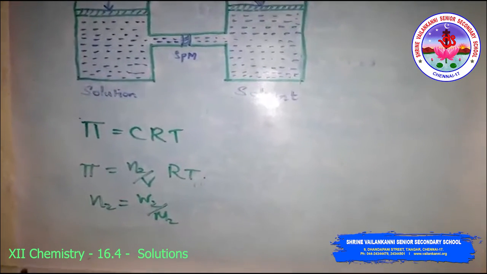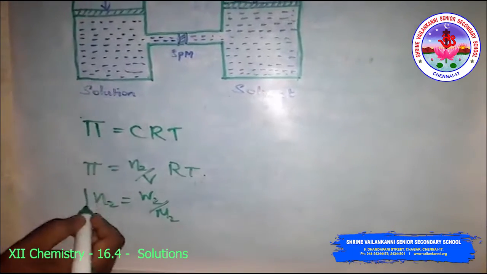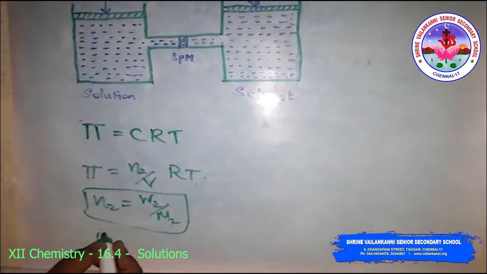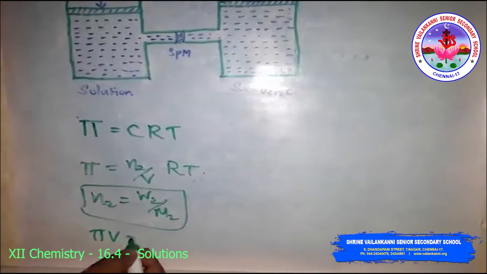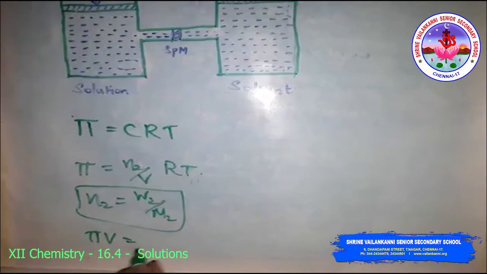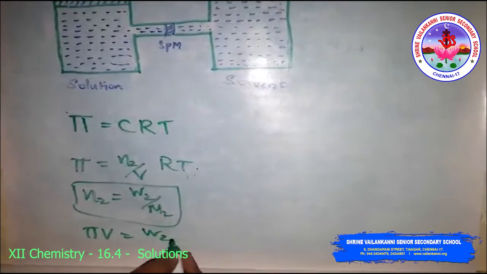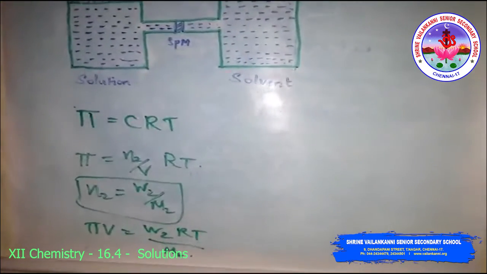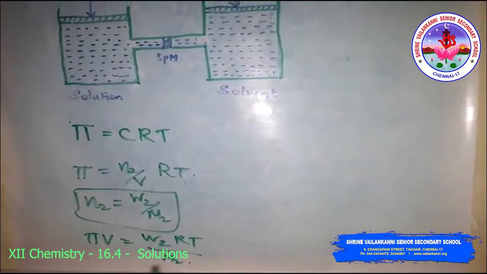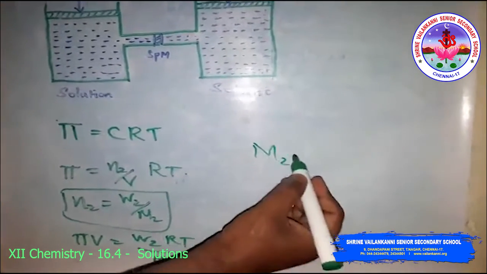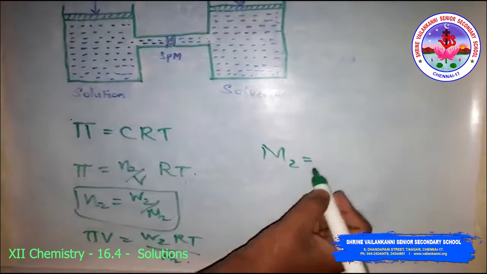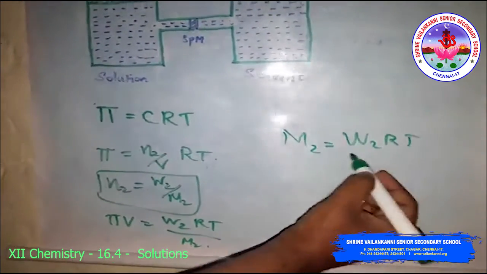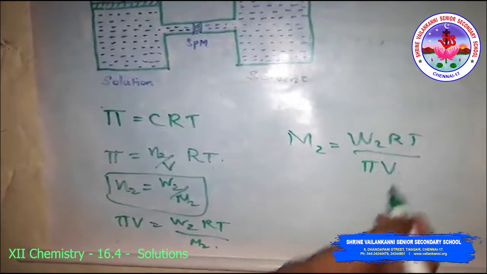After that, we can rewrite by substituting this value of n2 and bringing V to the left-hand side: ΠV = W2RT/M2. Or, if we calculate M2, then M2 = W2RT/ΠV.